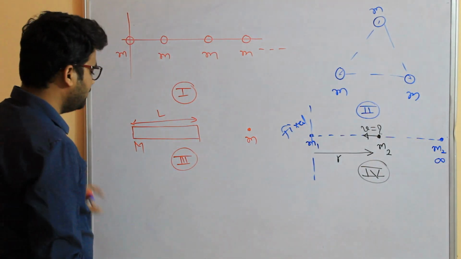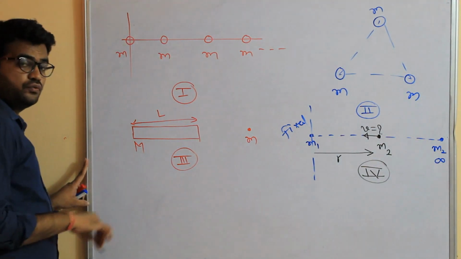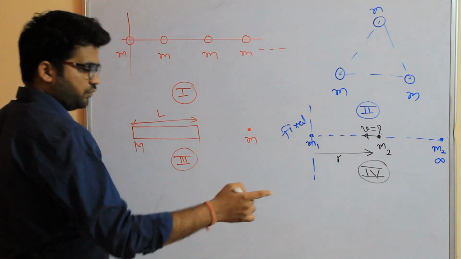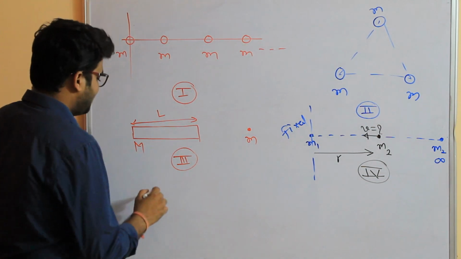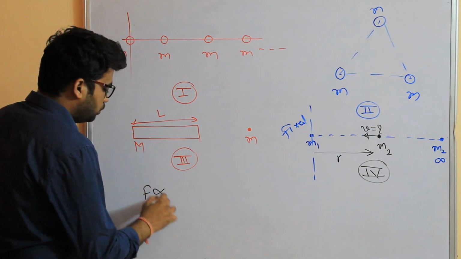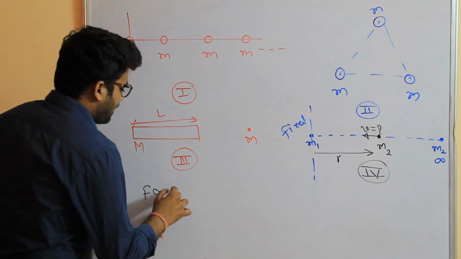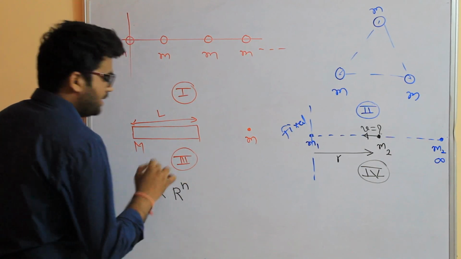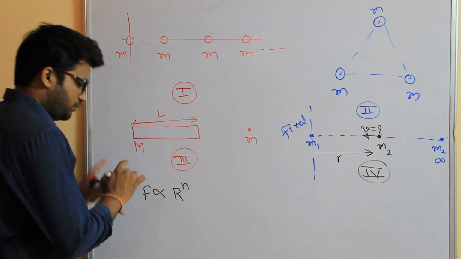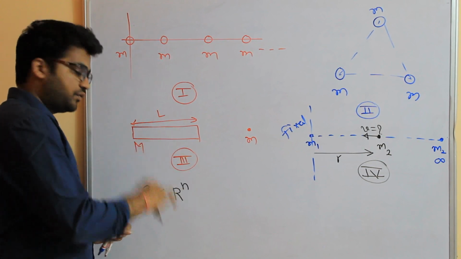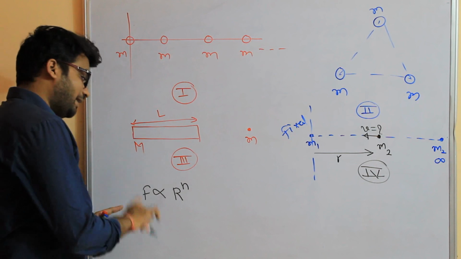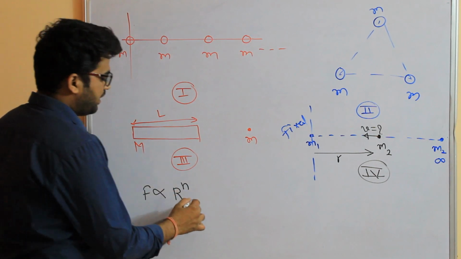Now the fifth model is, let us suppose the force of attraction is directly proportional to r to the power n, right? The same force of attraction is now directly proportional to r to the power n.